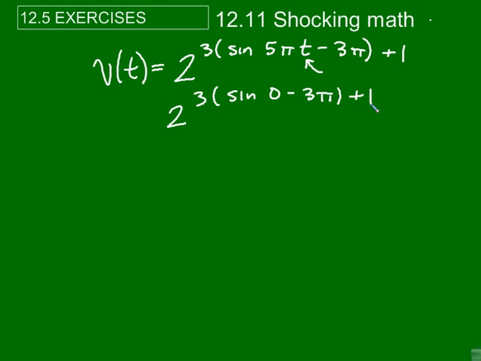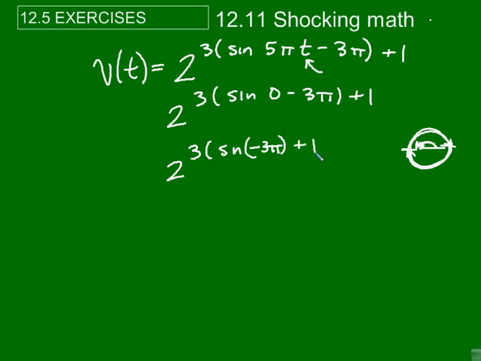Okay, well in radian mode, if I subtract 1 pi, I'm over here at 180 degrees. Subtract 2 pi, I'm over here back at 0. Subtract 3 pi, I'm over there again. And so if you take the sine in radian mode, three times the sine of negative 3 pi plus 1.